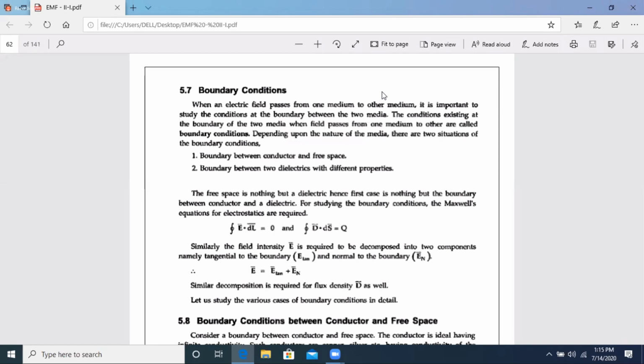Okay? So we're going to look at two conditions: between a conductor and free space, and between two dielectrics with different properties.